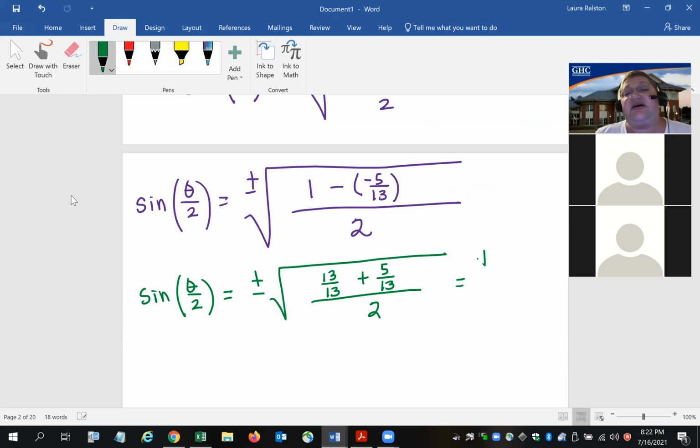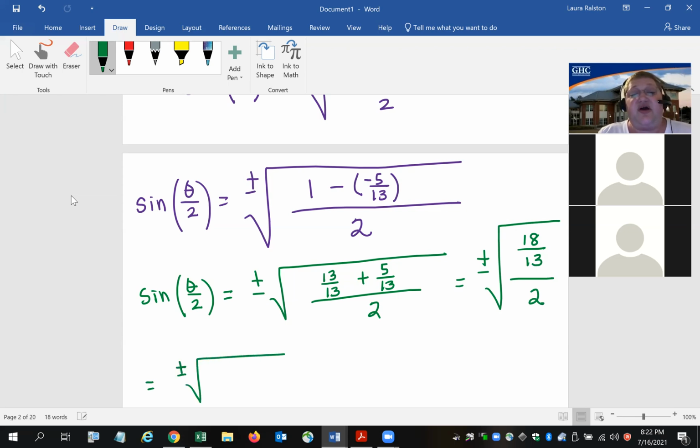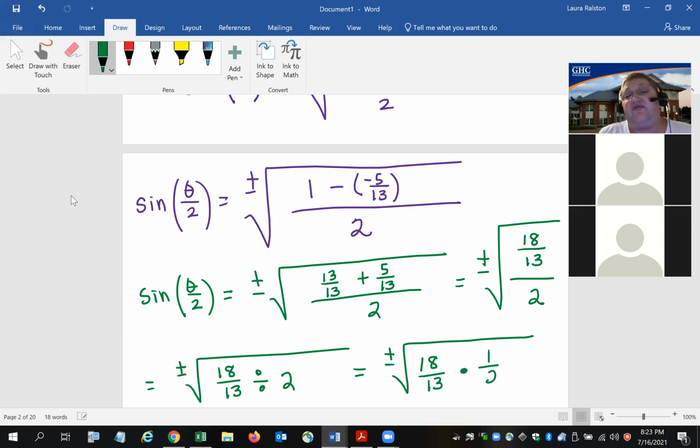So I have plus or minus the square root of 13 plus 5 is 18/13, all divided by 2. Now again, you have to realize that that's a division problem. You have 18/13 divided by 2. Using our rules for fractions, we have to flip and multiply. So we have 18/13 times 1 over 2.